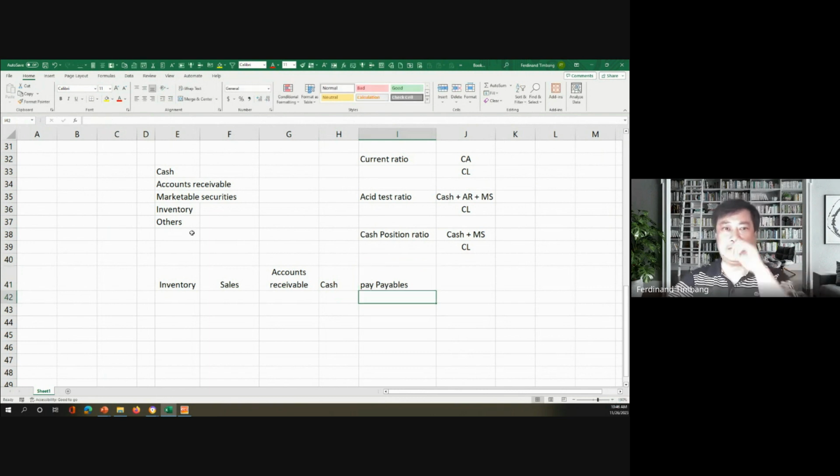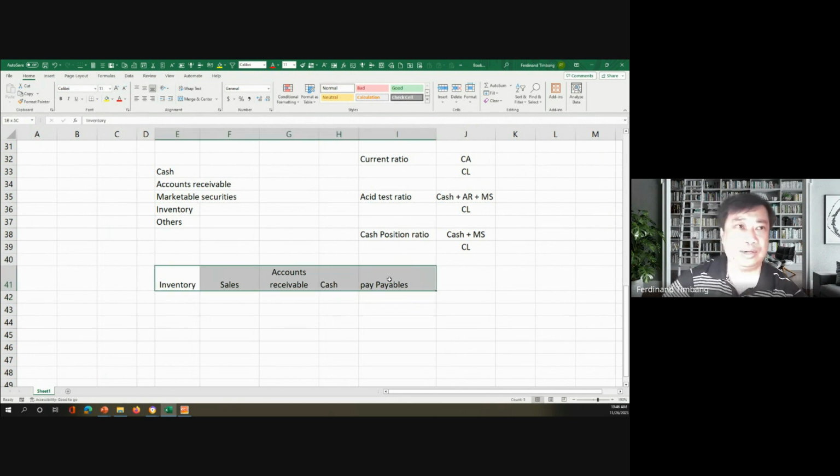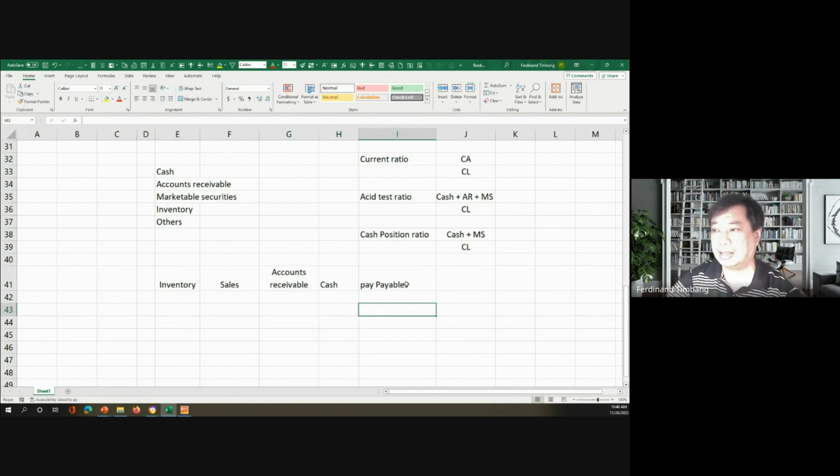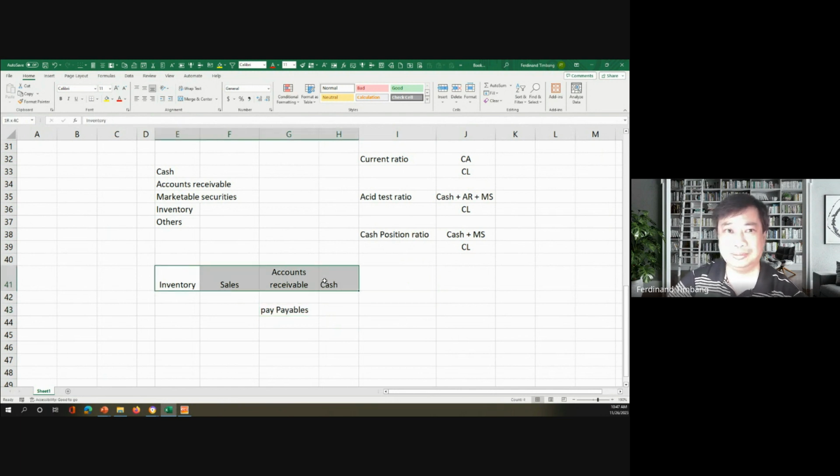So ganyan. Yan lang yung cycle value na sinasabi nitong ating activity ratio. So we have to look for the cycle. And this cycle should be shortened. Mas maganda nga kung itong part na to, nandito sa ilalim siya, tapos yung cycle nito, longer than this one.